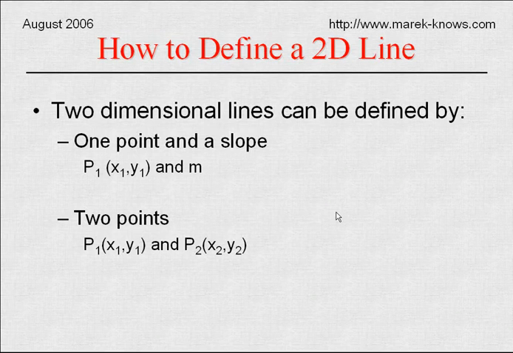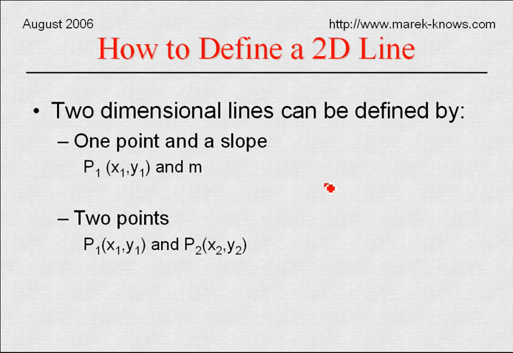How to define a two-dimensional line? Well, there's a number of ways of doing it, but the two most convenient ways are listed here. You can define it either by using one point and the slope. So you can have a point, I just labeled it P1, and the x-coordinate and the y-coordinate value, you need to know both of those, and the slope.